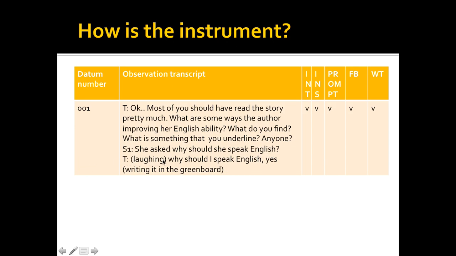And then the teacher laughing, why should I speak English? Yes. And then he wrote it on the green board. Why is it not whiteboard? We'll see later. So this is what you have to find out, what you need to transcribe when you do observational study. How's the teacher and then students and the teacher.